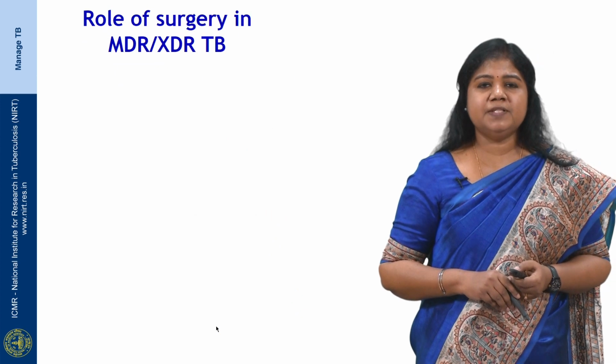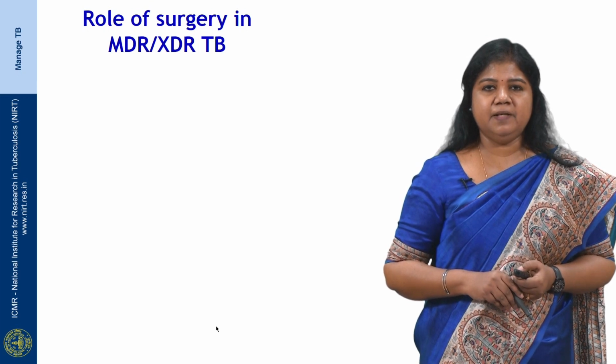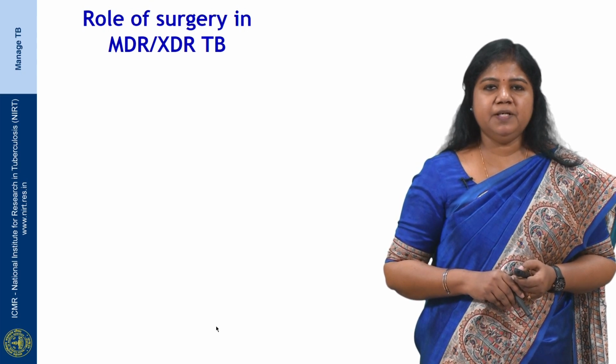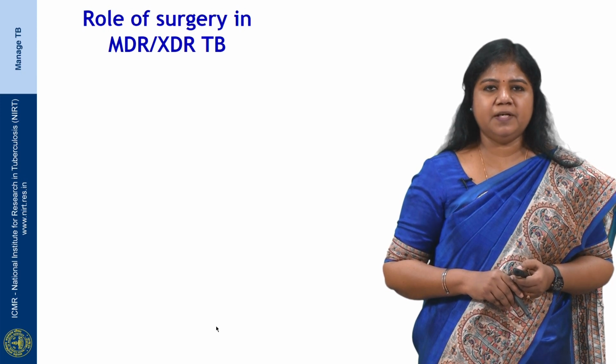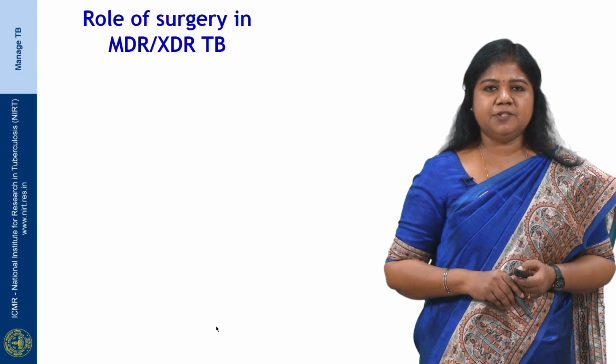So, what is the role of surgery in MDR and XDR TB? We saw in pre-treatment evaluation, surgical evaluation is one of the most important investigations that has to be done.